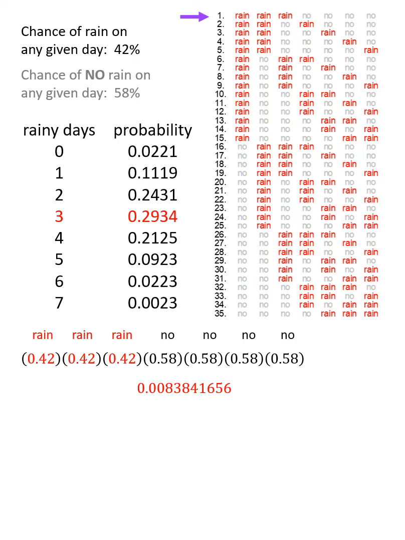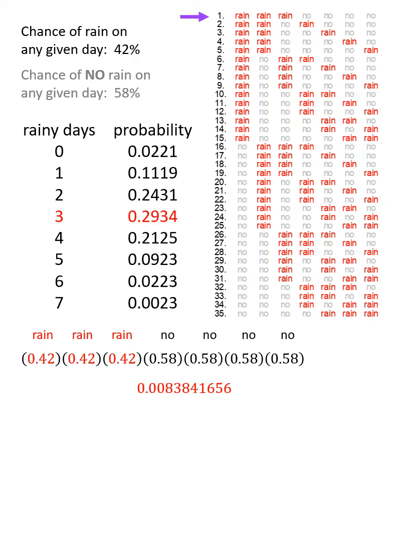But wait, that doesn't represent the probability of any 3 days of rain. That specifically represents the probability of rain on Sunday, Monday, Tuesday, and no rain the rest of the week. In other words, that's the probability of line 1 happening. But I have 35 things to consider here.